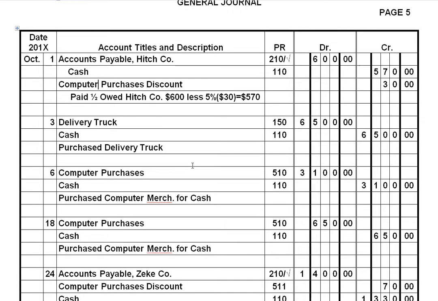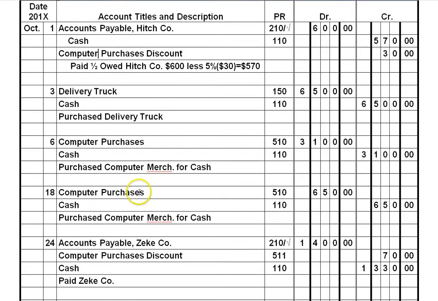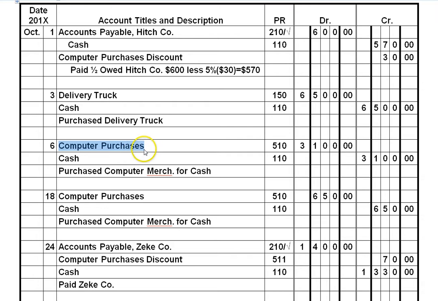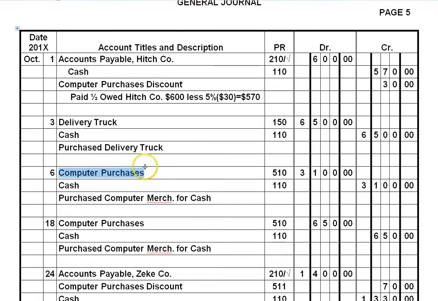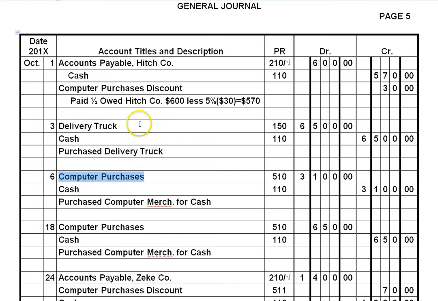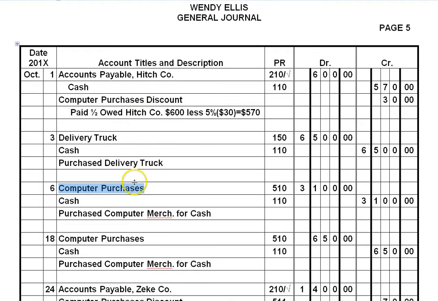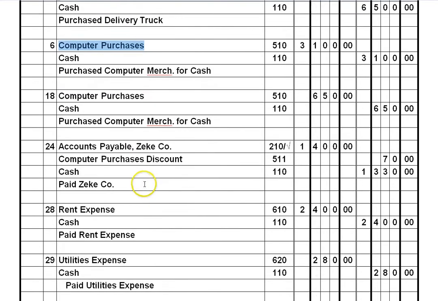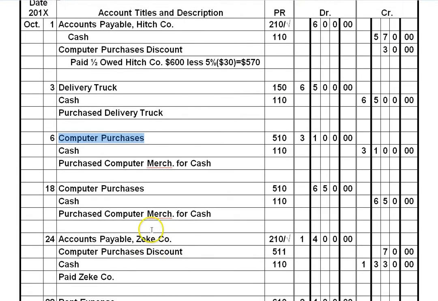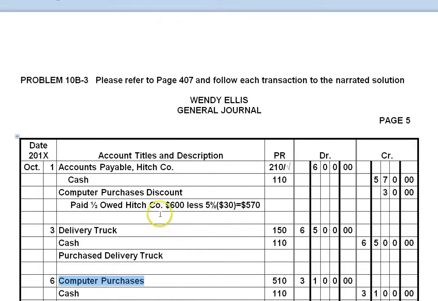We use the purchases account, or in this case, the merchandise is computers. We buy and sell computers, so we could either use a purchases account or specifically a computer purchases account, and that's the merchandise account. When we do our adjustments and closing at the end of the period, whatever is left in the computer purchases account is the amount that would go to the merchandise inventory account.